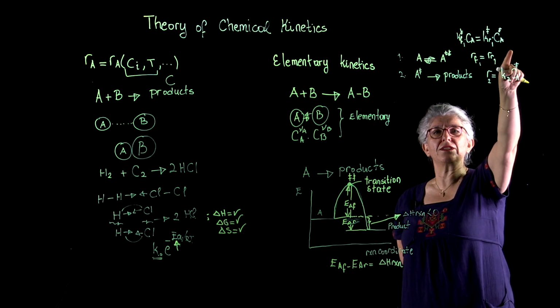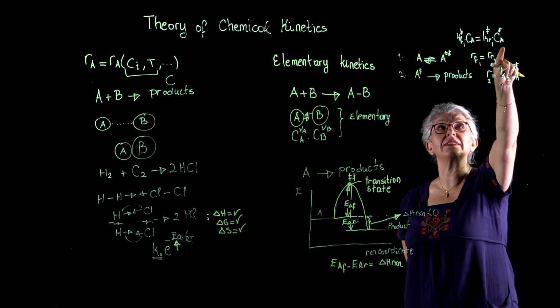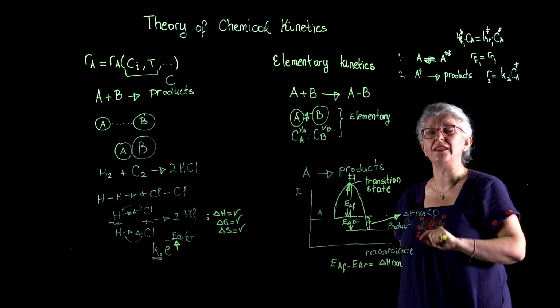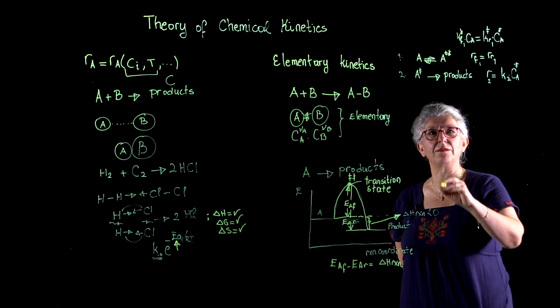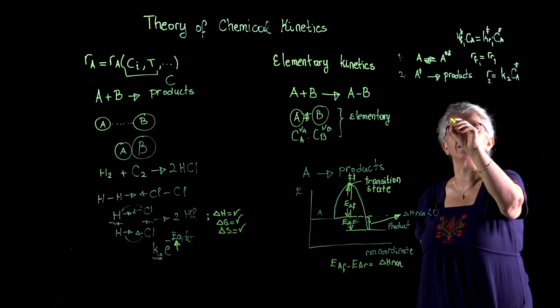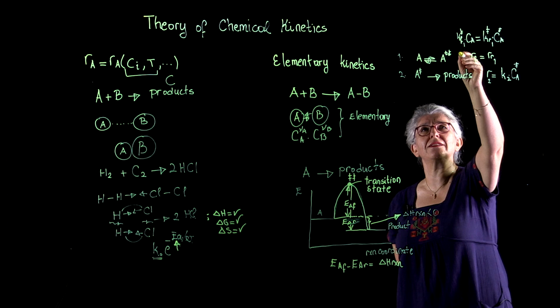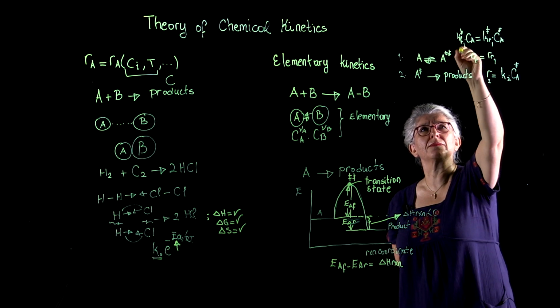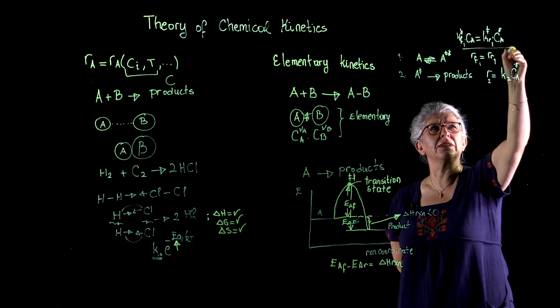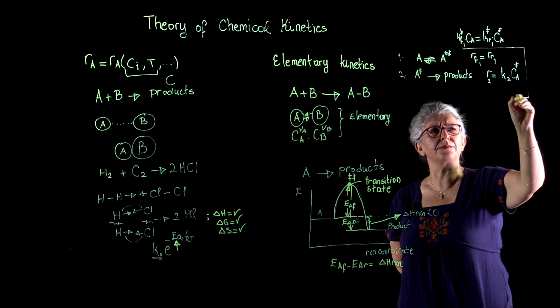Now, this relationship gives us an opportunity to get CA dagger in terms of CA and hopefully to the thermodynamic parameters that we can measure. Now, let's take this one and work around it.